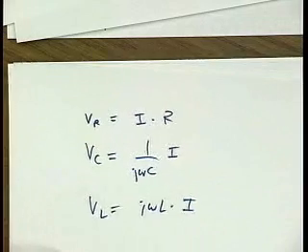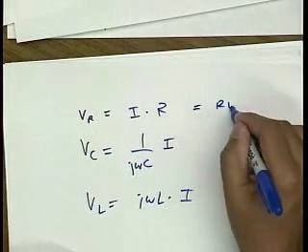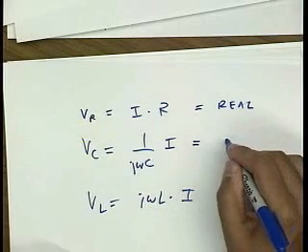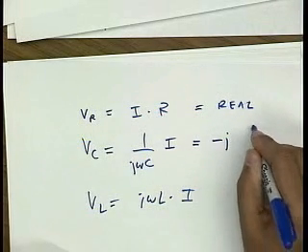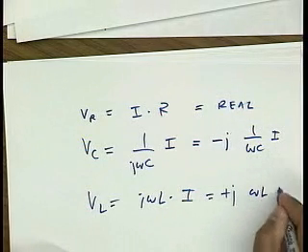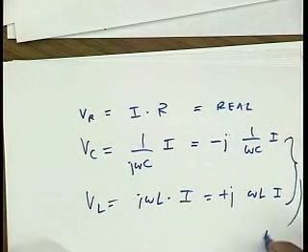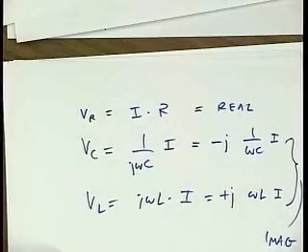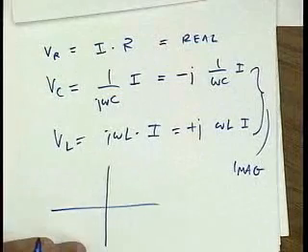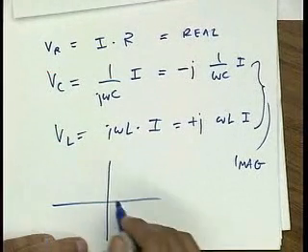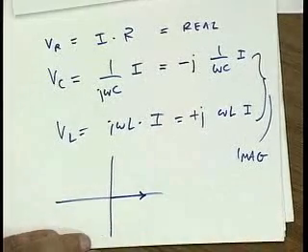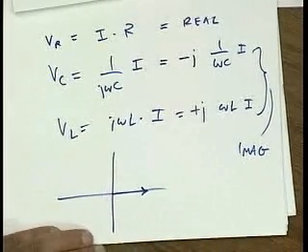Okay? So we see that this is always real. This is basically minus j 1 over omega C I, and this is plus j omega L I. These two terms are imaginary. So if I plot these on a complex plane, the voltage across the resistor is always positive with this reference that I've defined, and it's always on the real axis.